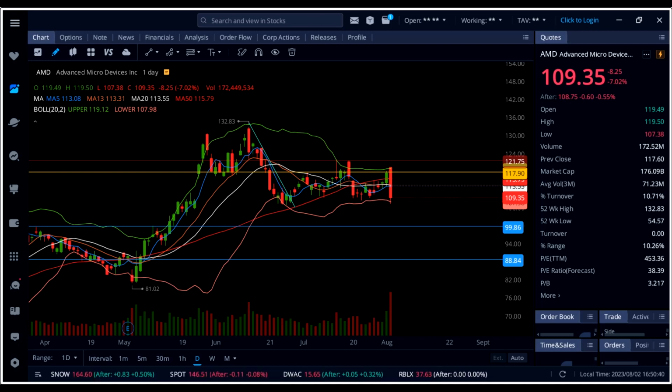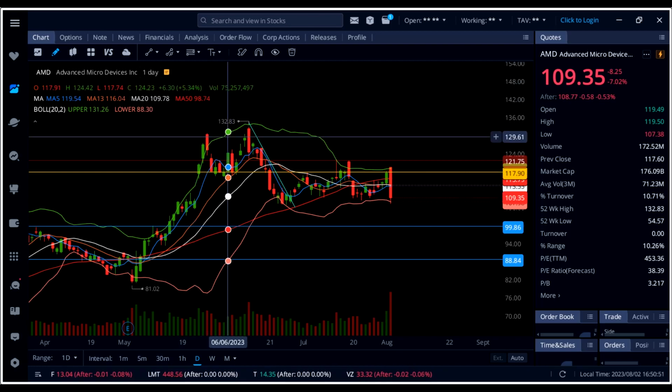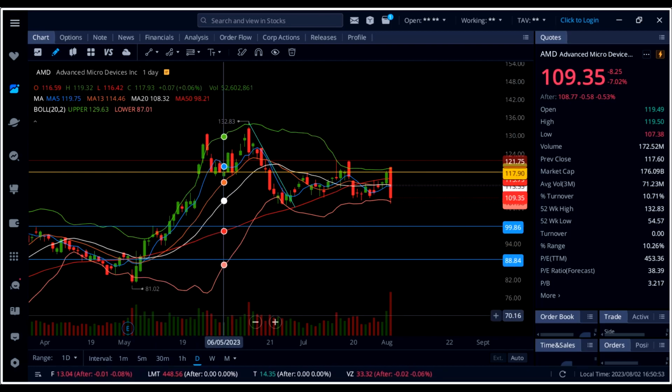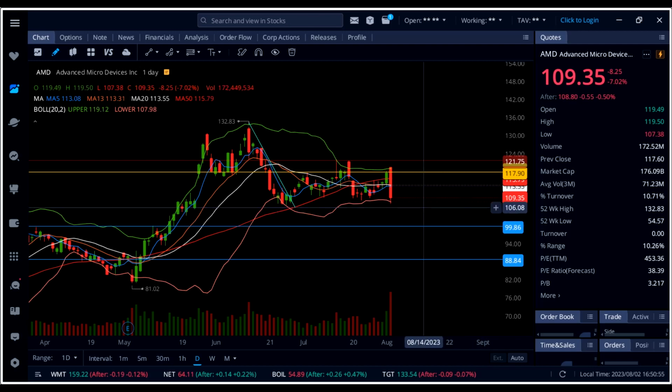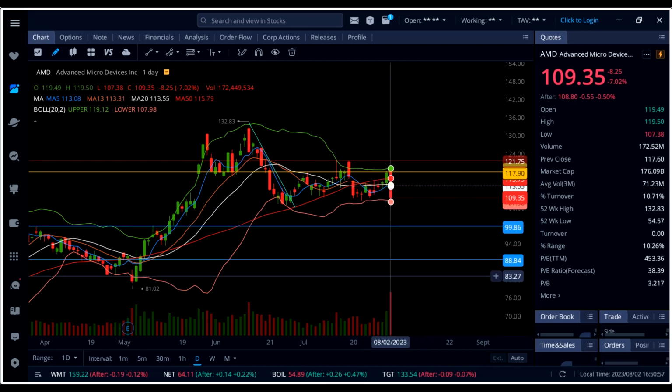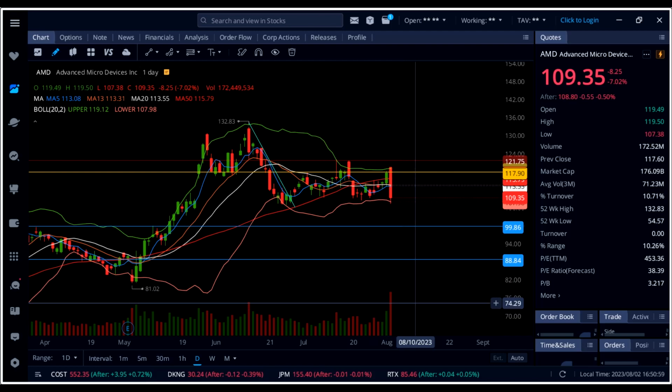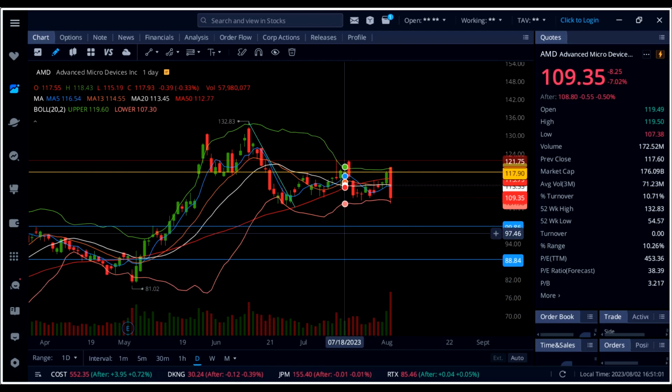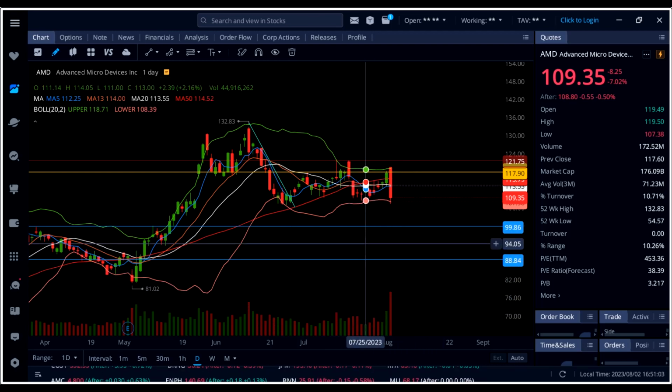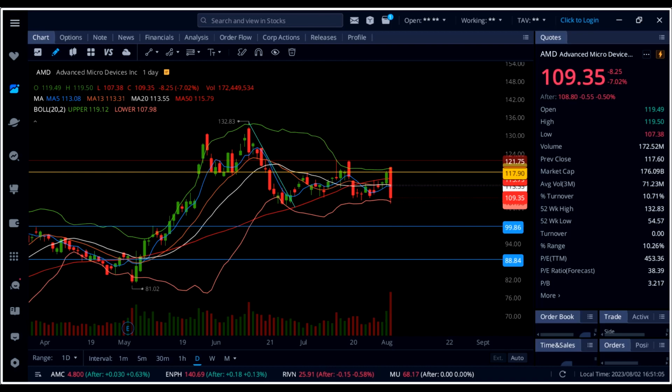We saw a drop on AMD on the last earnings, I think it was like $9-10, and then the news came out with Microsoft, and then we saw a massive pump all the way up to 132.83. Now with that earnings yesterday, it was slightly up 4%. This morning it was up 2%, and then look at this, from up 4% to now down 7%, and that is an 11-12% move in one day on AMD.